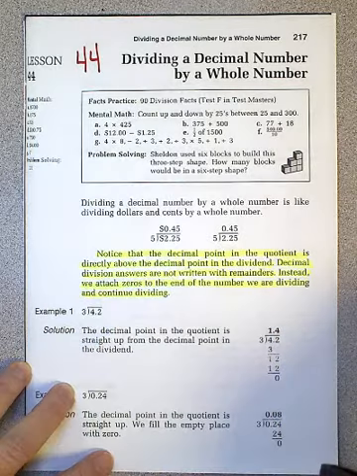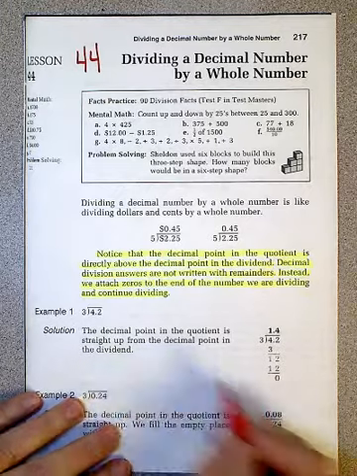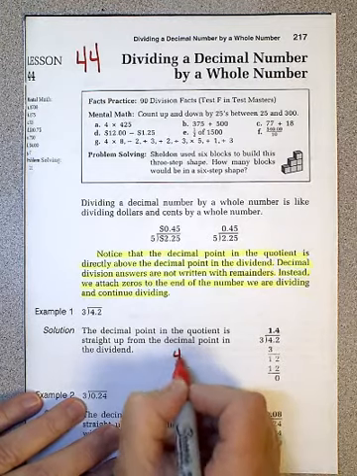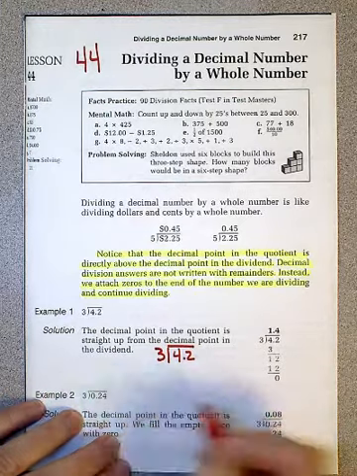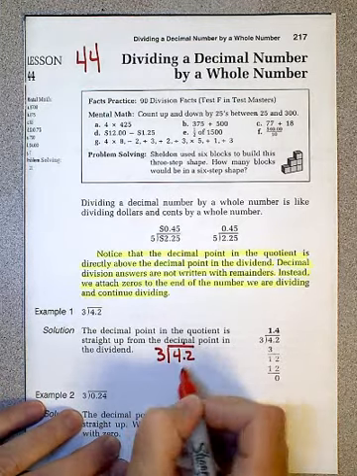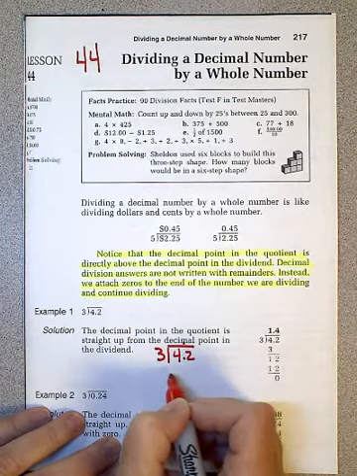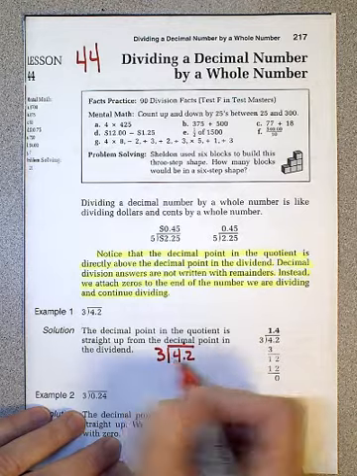For example, let's look at 4.2 divided by 3. In this case, I'll write 4.2 divided by 3, and I'm just going to write over some of our text. First thing I'll do is move my decimal straight up, and now I begin my regular division steps. How many times does 3 go into 4 without going over? Once.